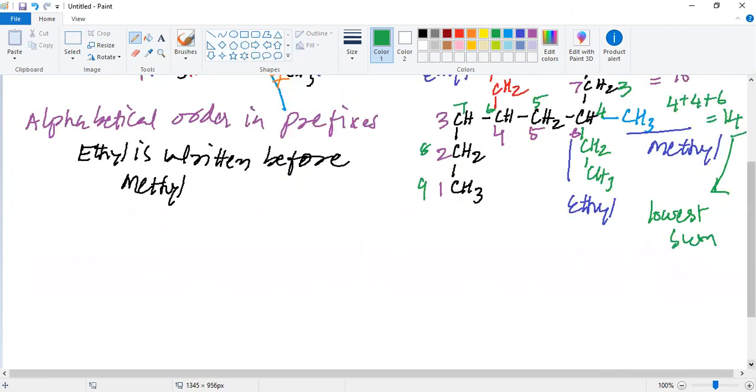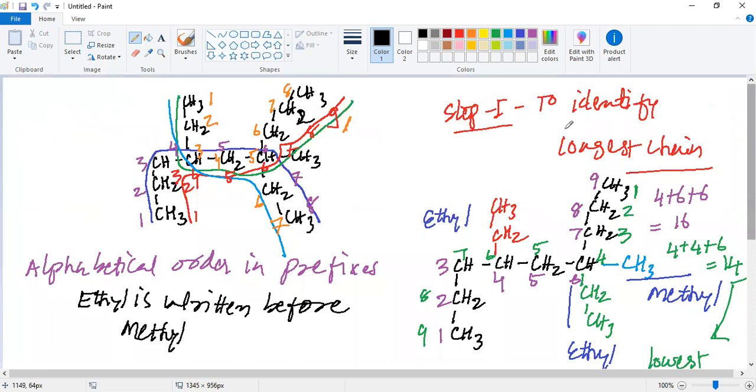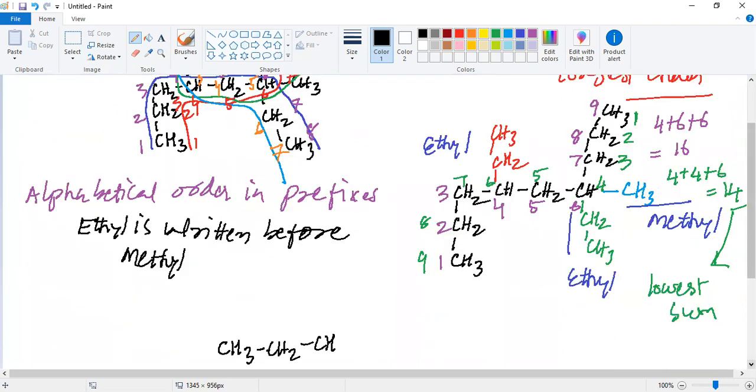And thus, my dear students, now we can write the compound in this manner. So let me write this compound. This is CH3, CH2, then we have CH, CH3, CH2. This should also be CH2, my dear students. I have just made a small mistake.